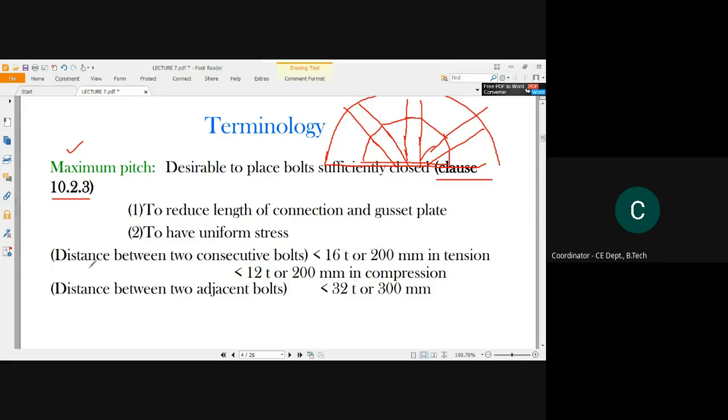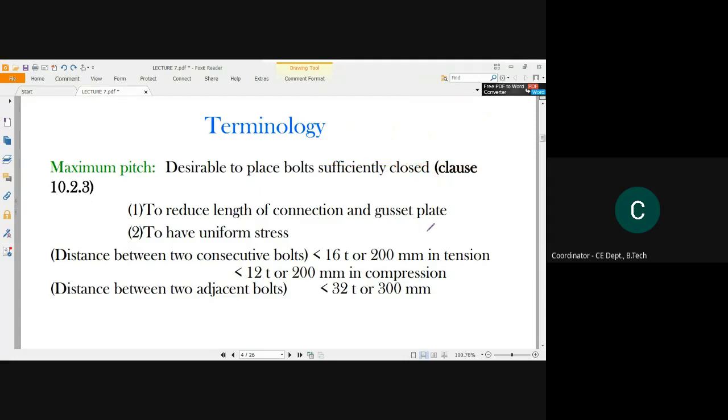Okay, so the distance between two consecutive bolts. See, if this is a member and this is a bolting connection.